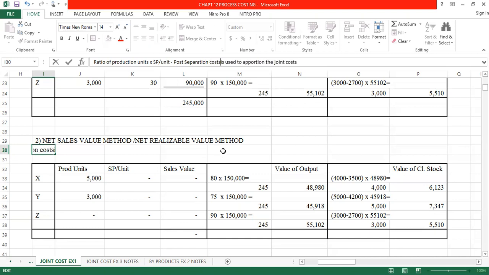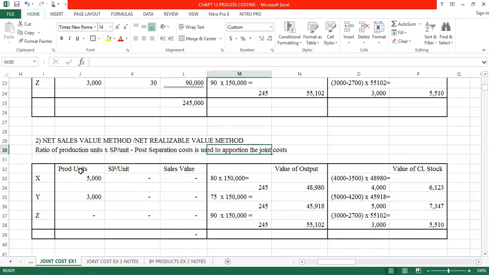Here, instead of having that, we'll have sales value.